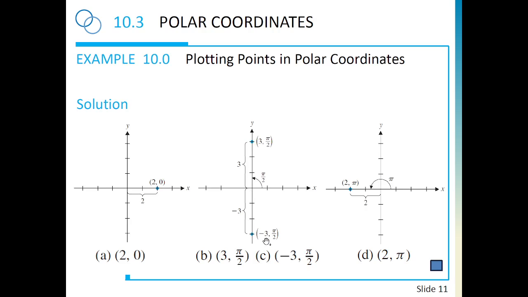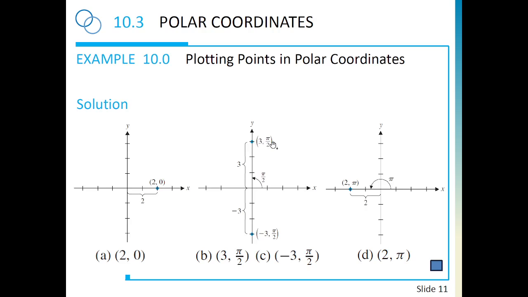So you see what happened. If I just put minus in front of r, I flip to the other side. The angle is the same. So I have my original point, and if I put a negative in front, I flip to the other side. If I want to represent this point here, I can also say it's 3 pi over 2, but then I can also add 2 pi.